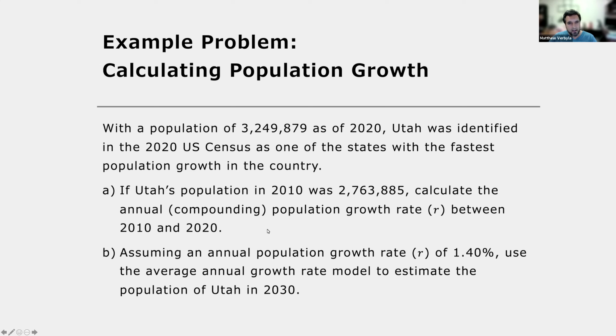That'll be part A of this example problem. For part B, we will assume an annual population growth rate R of 1.4%, and we'll use the model to estimate the future population in the year 2030. All right, so this is a 2-part example problem. We're going to start with part A.